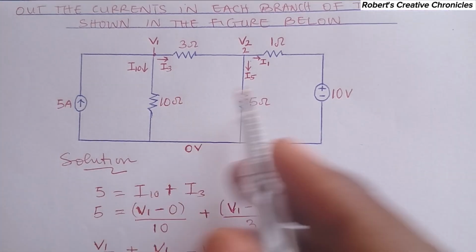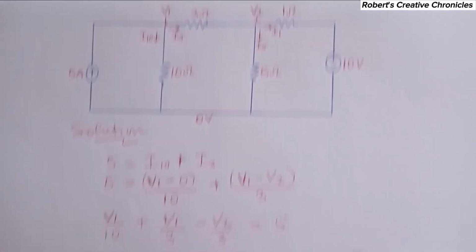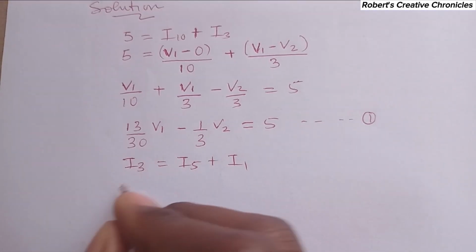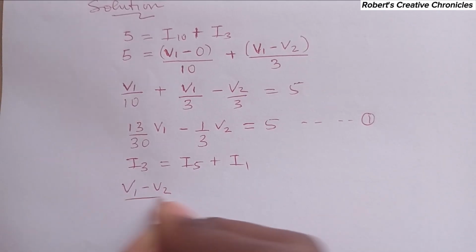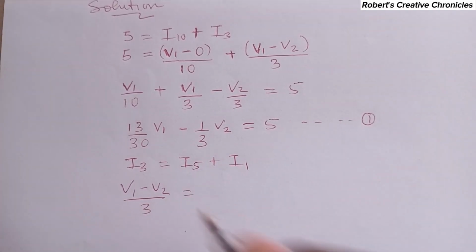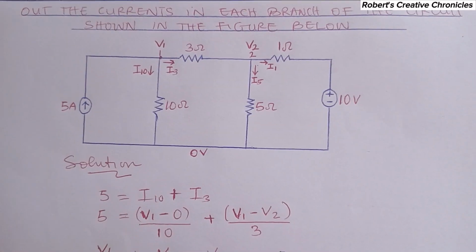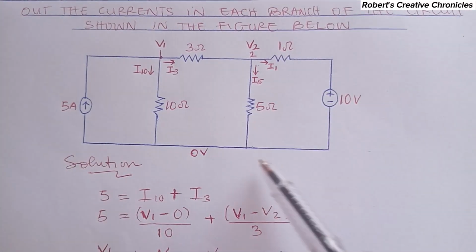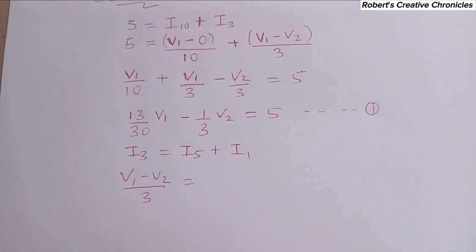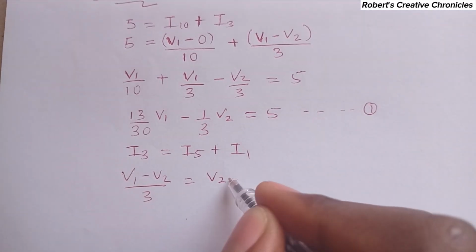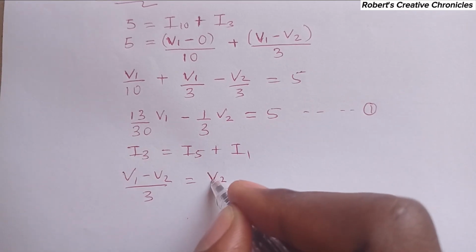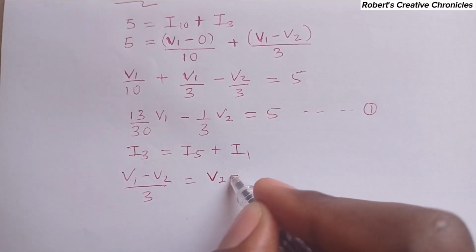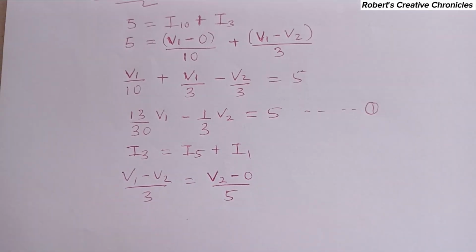I3 is V1 minus V2 over 3. V1 minus V2 over 3 equals what's I5? I5 is V2 minus 0 over 5.